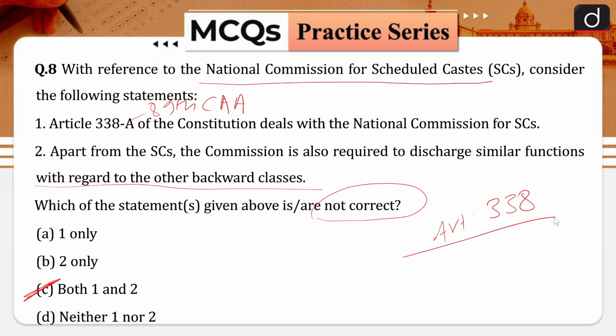The National Commission for Scheduled Castes is mentioned under Article 338 of our Indian Constitution. Till 2018, the National Commission for SCs was also required to discharge similar functions regarding the other backward classes.